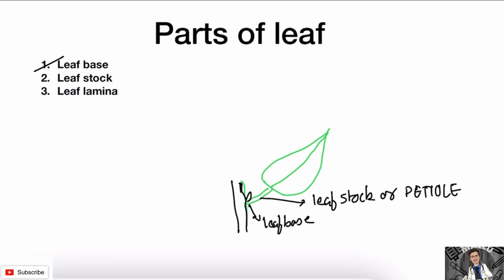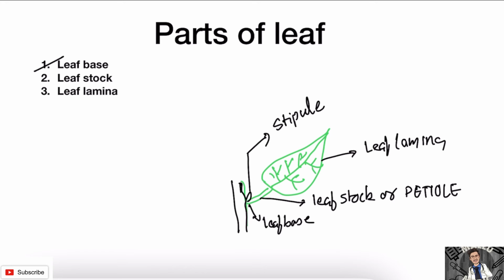Then the whole leaf as a whole, this part of the leaf we call the leaf lamina. The midrib or midvein extends as veinlets. Okay, these are the veinlets. And when you look at the leaf base, you'll also find another structure known as stipule.